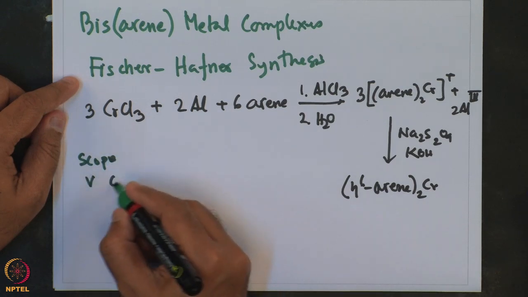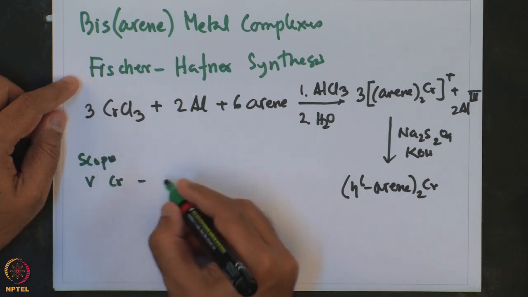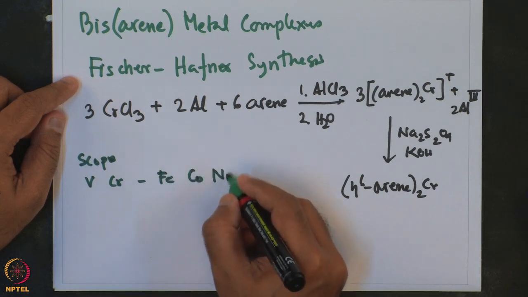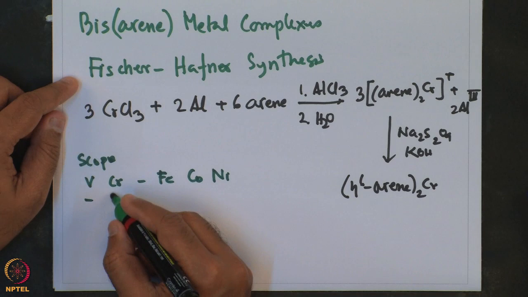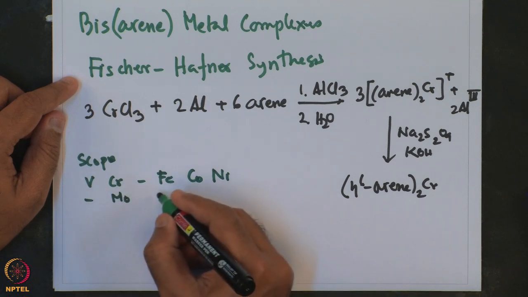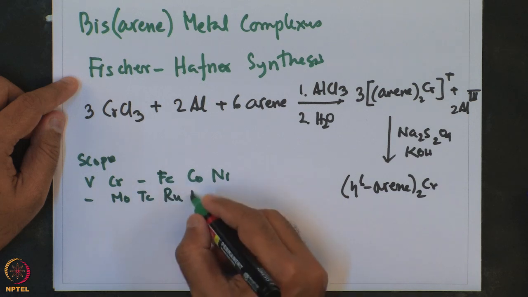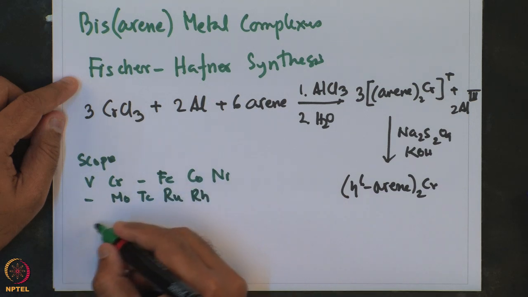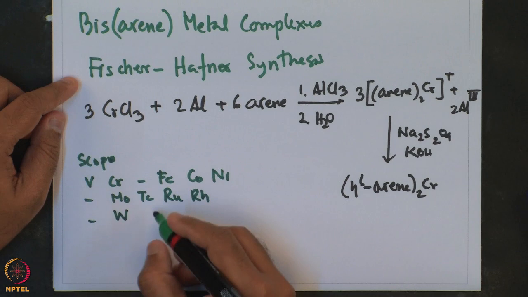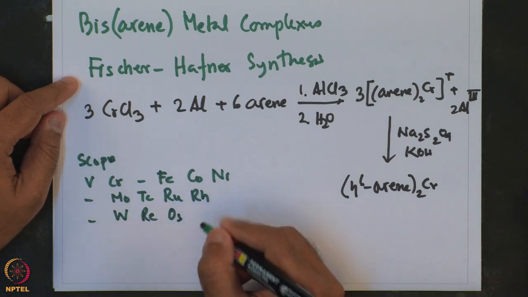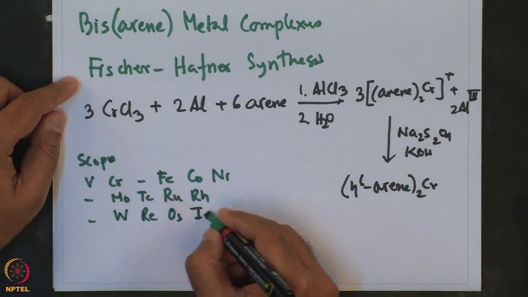Now, this is quite a versatile synthesis, and the scope is for vanadium, chromium, iron, cobalt, nickel, then molybdenum, technetium, ruthenium, rhodium, tungsten, rhenium, osmium, iridium.